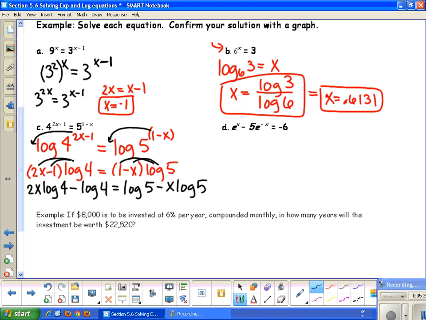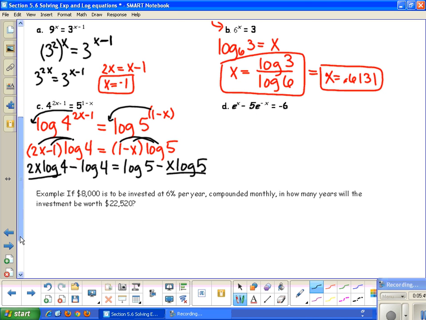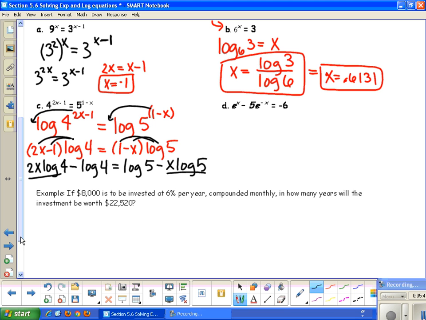And then I'm not done. So now notice I have an x over here that I'm trying to solve for and an x over here. That means I'm going to want to try to get those on both sides. And so anything that doesn't have a log or x in it, I'm going to put on one side of the equation. Anything that does, I put on the other. So I'm going to go down here to get more room. So when I do this, I get 2x log 4.